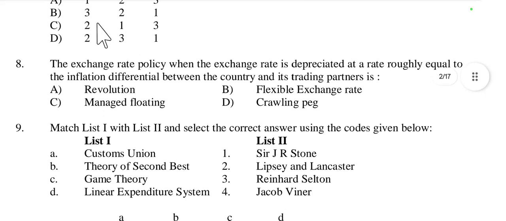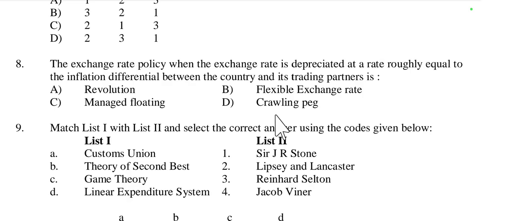Then question number 8, the exchange rate policy when the exchange rate is depreciated at a rate roughly equal to the inflation differential between the country and its trading partners is revolution, flexible exchange rate, managed floating, or crawling peg.